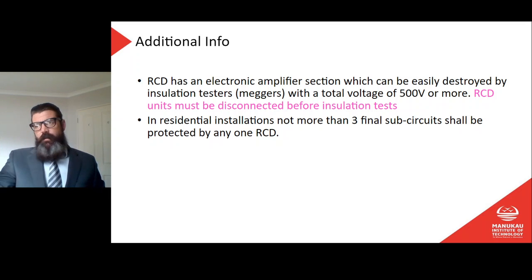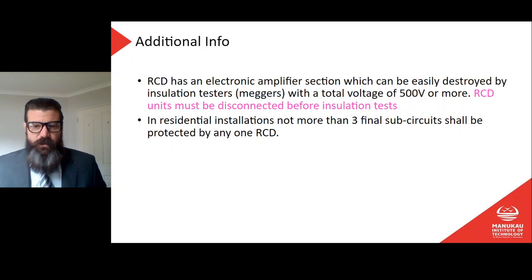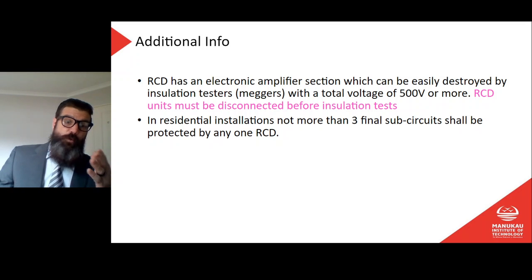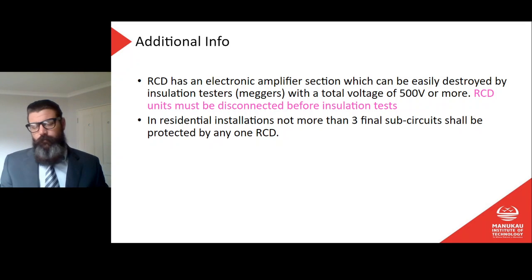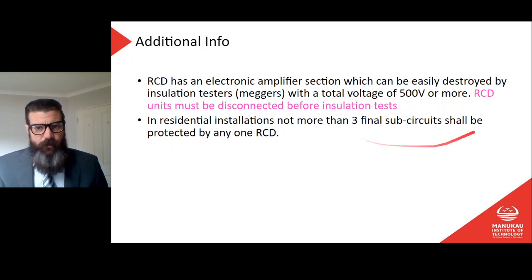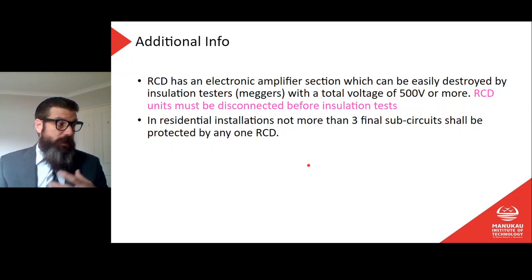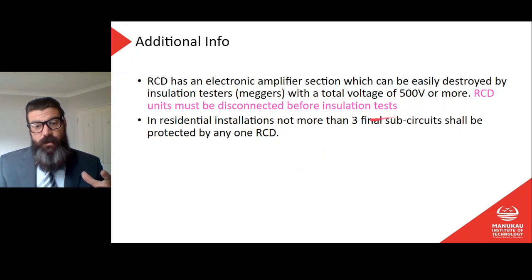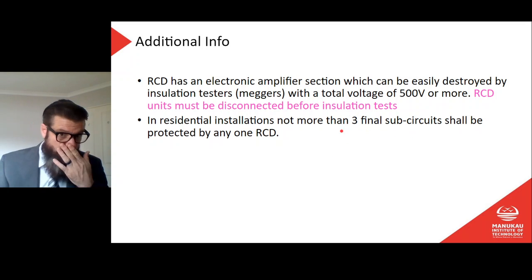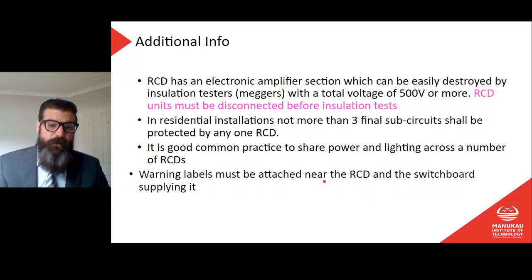So we need to have a separate neutral bus bar for each RCD. Depending on how many subcircuits we have, that'll tell us how many RCDs we need. We must not have more than 3 subcircuits on a single RCD.